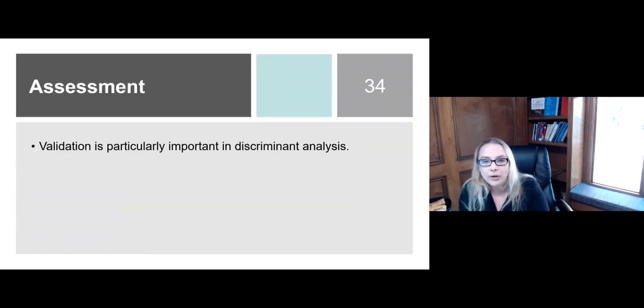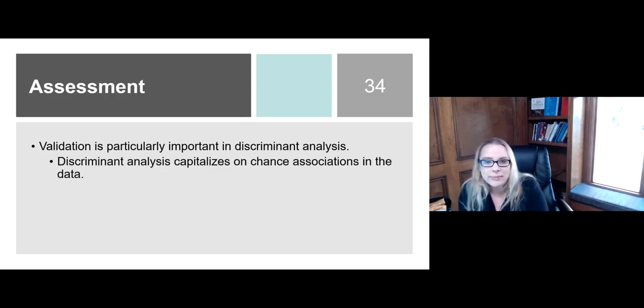Now let's talk about how we go about doing an assessment of your model. Similar to other algorithms, you're going to want to validate your model, and it's going to be particularly important for linear or quadratic discriminant analysis. This is because discriminant analysis can capitalize on chance associations in the data.